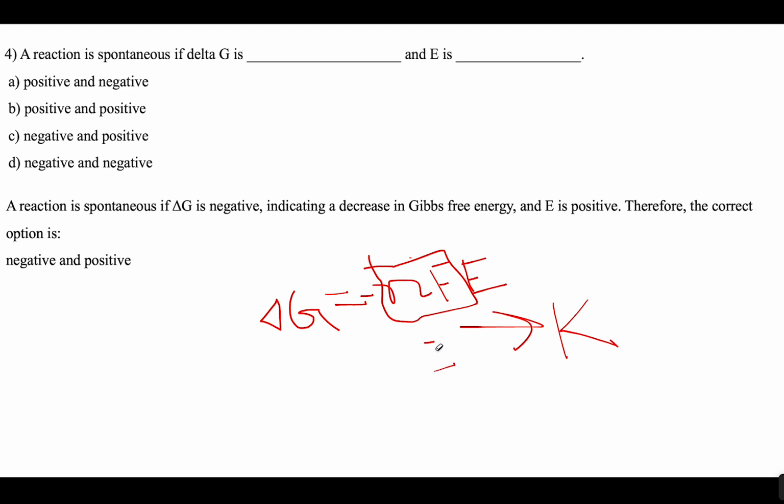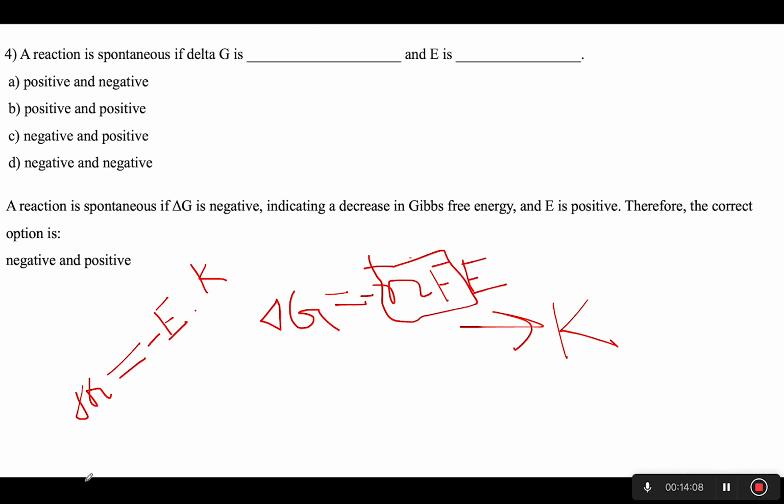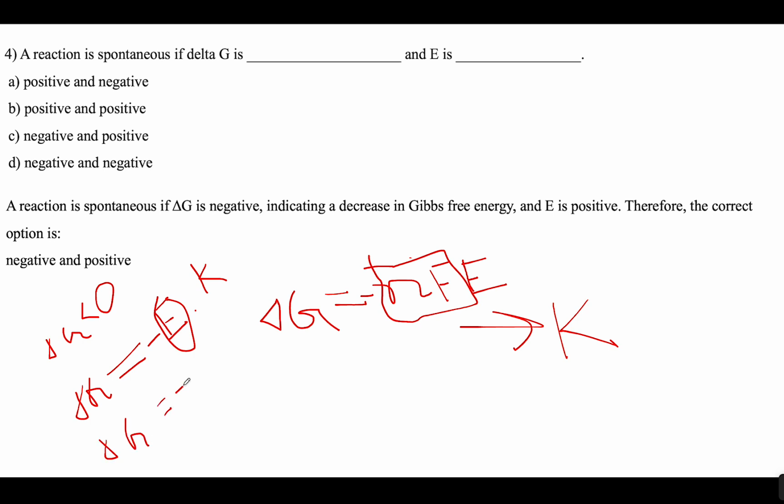As I said, delta G equals minus E into K. If the E value is positive, the entire delta G value is negative, or less than 0. If E is negative, it becomes minus E into K, and then delta G becomes positive.